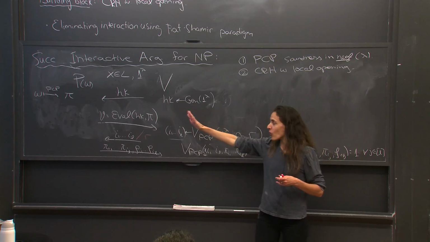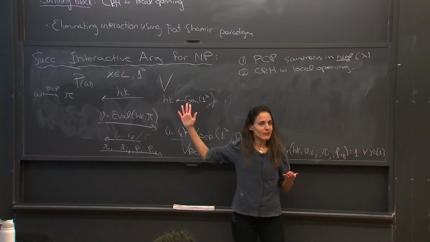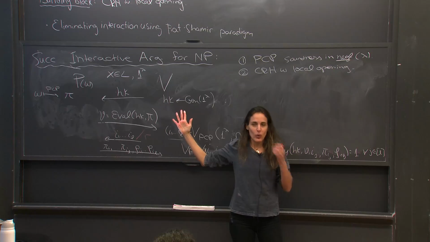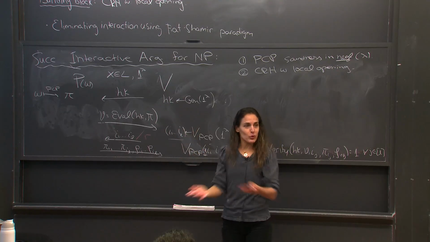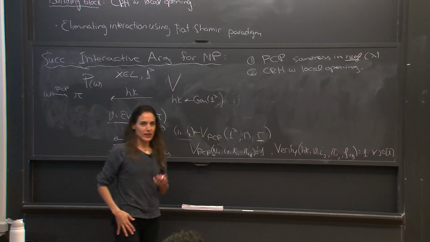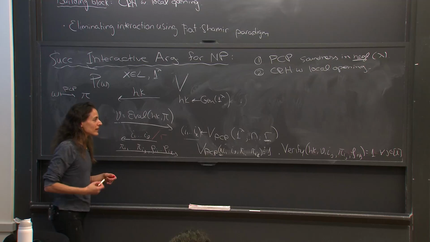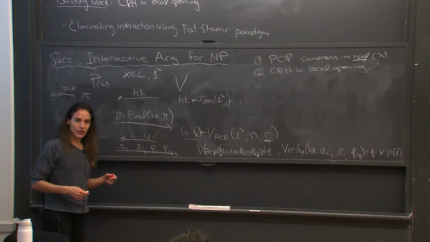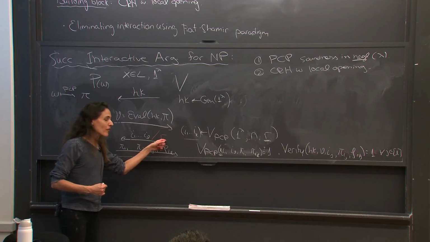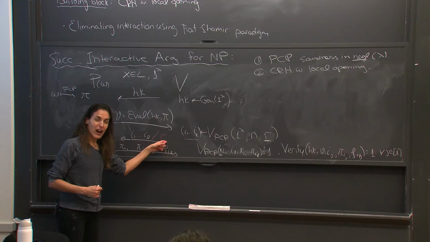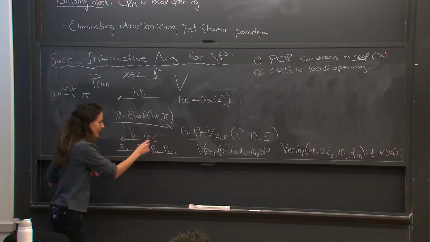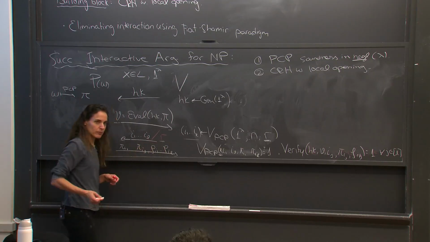We'll say, we don't want interaction, we want to go back to actual proofs. So we'll want to eliminate interaction. And we'll see a way to eliminate interaction from protocols where the verifier's messages are completely random. That's why I want you to remember that this message can be completely random.